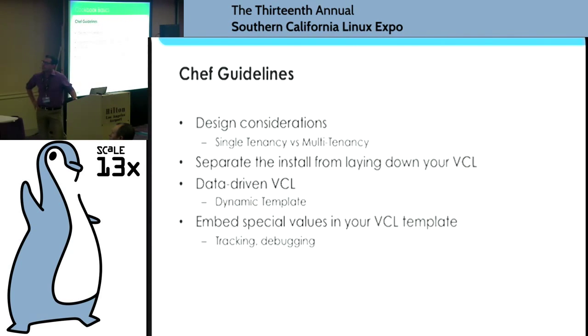Cookbook basics. Single tenancy versus multi-tenancy, I mentioned that earlier. Most cookbooks just lay down a Varnish install, they get the VCL laid out, it configures parameters for one daemon, and then you've got your VCL. There are other cookbooks. We've got one that we built internally that does multi-tenancy.